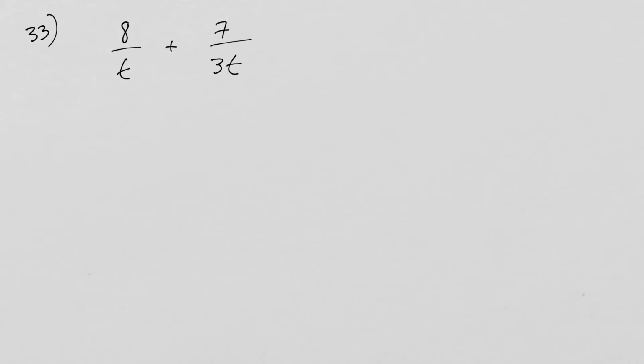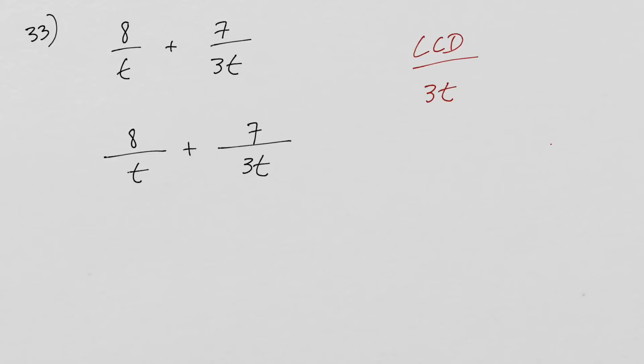Okay, so I'm going to write these fractions down like this. And I'll put a t here and a 3t here. We have our 8 and we have our 7. Now, what I'm going to do is first decide what the LCD is. And I can see that it's a 3t. So in order to make this one here look like a 3t, I have to multiply by 3.